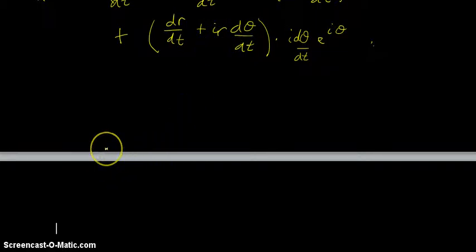So we're going to write that as d2z by dt squared equal to, well, we'll collect together all the terms that are real.